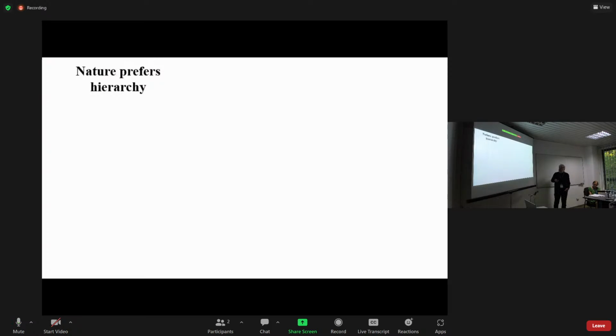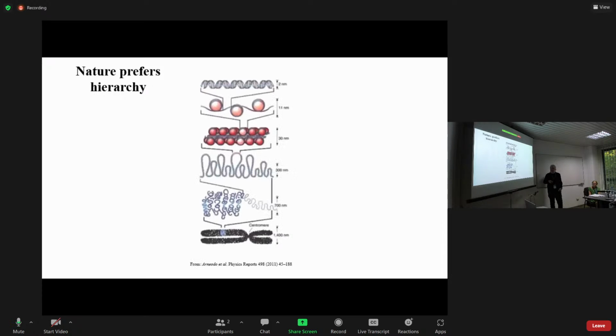Okay, so about hierarchy. Nature prefers hierarchy in the structures it develops. Nature is the most superior material scientist there is. And one good example is the genome, starting from DNA and how it is packed in the nucleus and core particles and chromatin and so on.